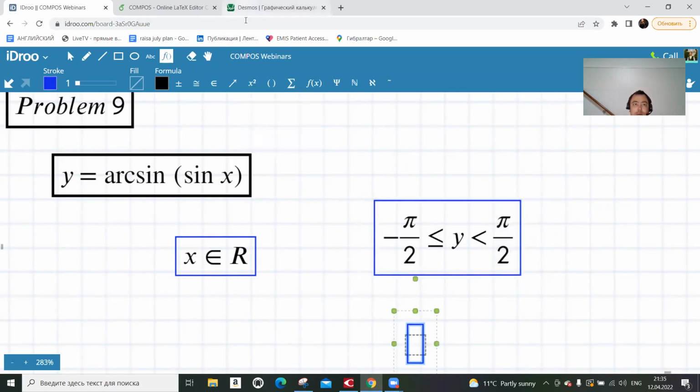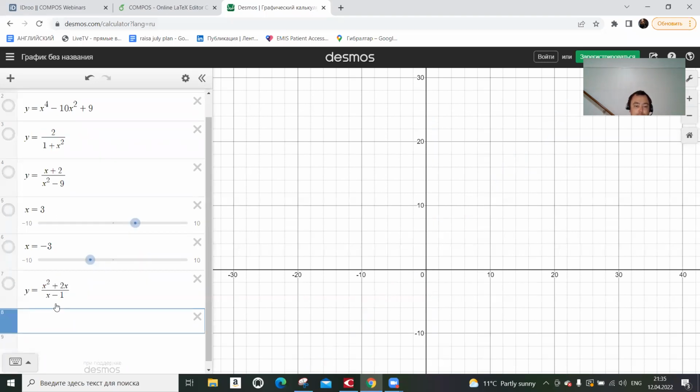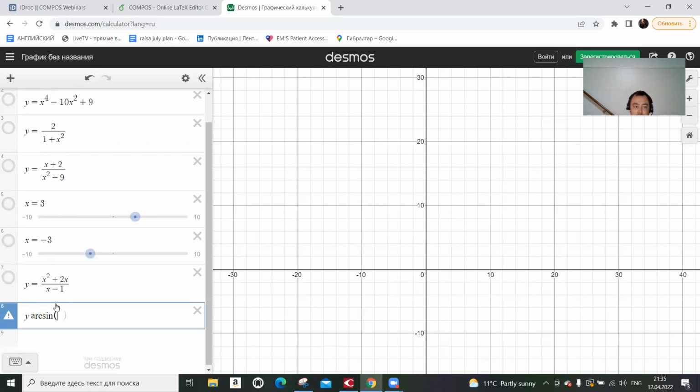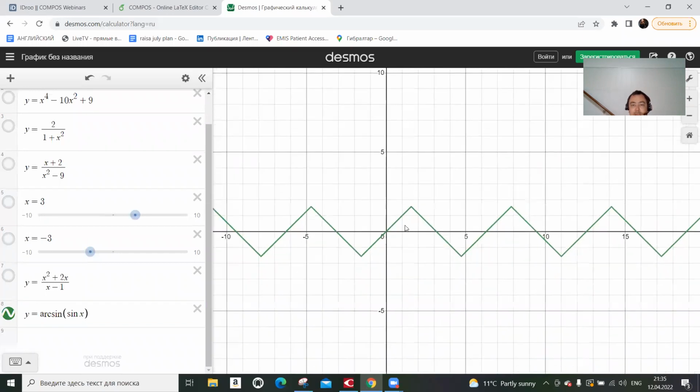And let's see, y equals arcsine of sine x. Look at that.